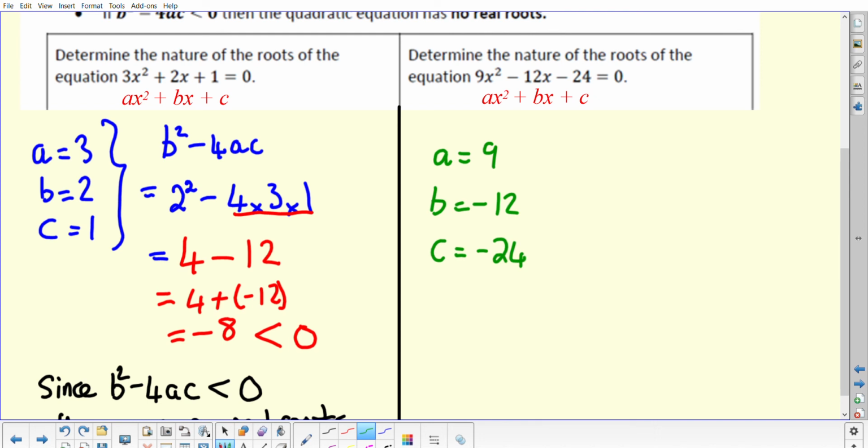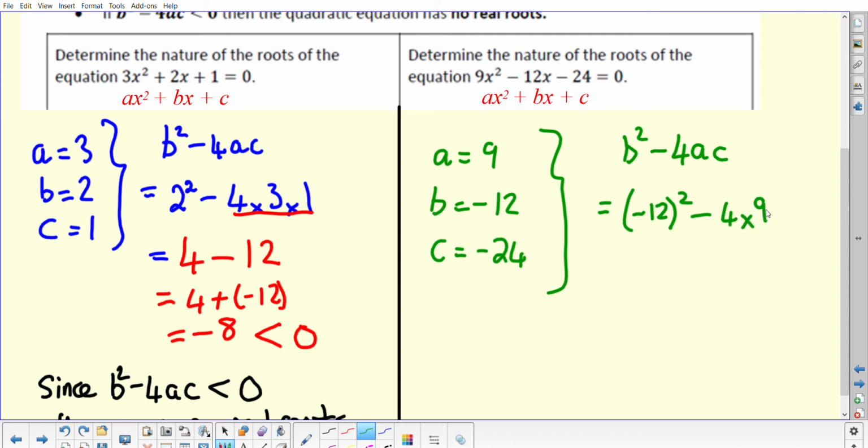So I'll let you use the calculator in this one. The numbers are a wee bit harder, but a lot of the time this comes up in a non-calculator paper. So there's your formula, b squared minus 4ac. You're going to sub in, doing minus 12 squared, take away 4 times 9 times negative 24.